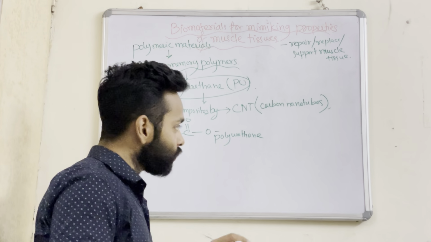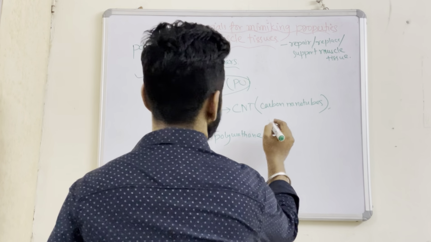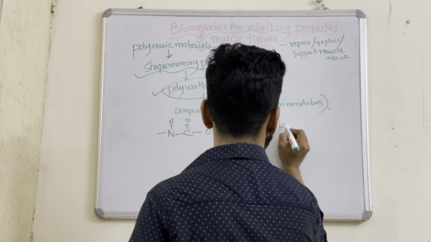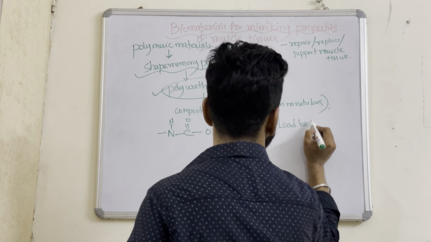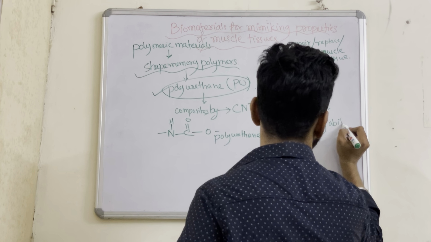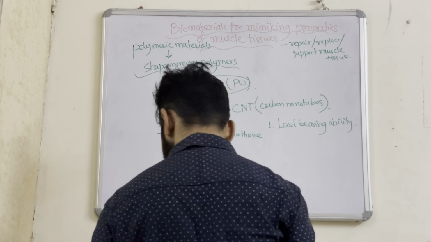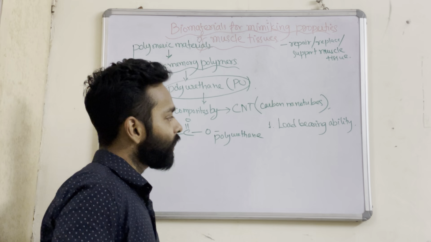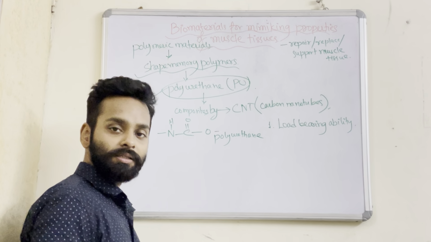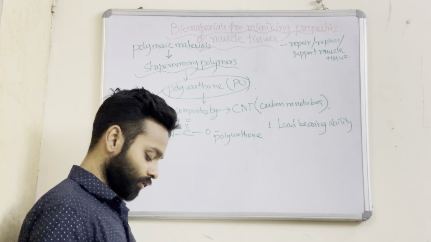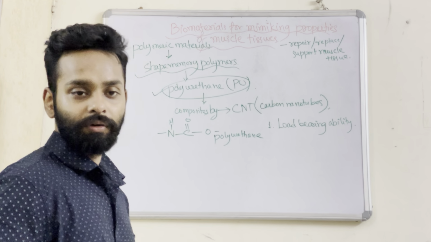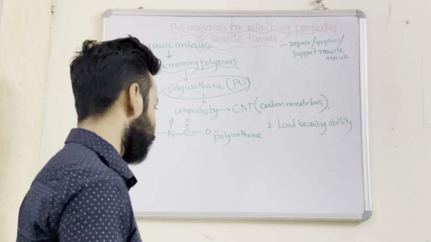Some of these properties include, one, a significant load bearing ability. This load bearing ability will enable this material to act as a suitable alternative to muscle tissue, because the main bulk muscles are responsible for load bearing activities in our body.